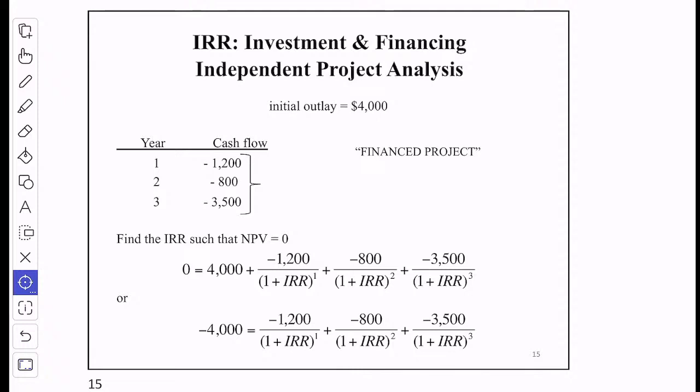Okay, well, I want the NPV to be 0. So here's the equation that would represent the origin of the internal rate of return.